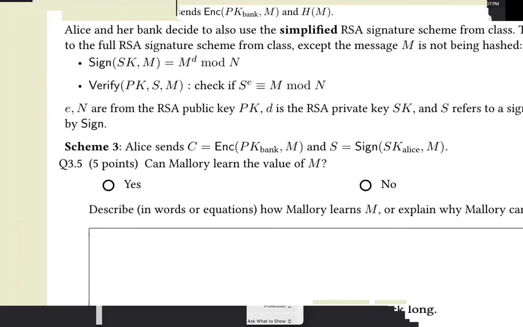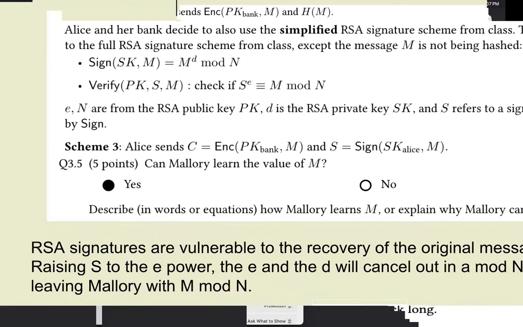The reason we're able to do this is because e is public. When we're signing, we're raising M to the d power. Since e is public, we can just raise the signature to the e power, and that'll give us M to the de, which cancels out. And it just leaves us with the message.